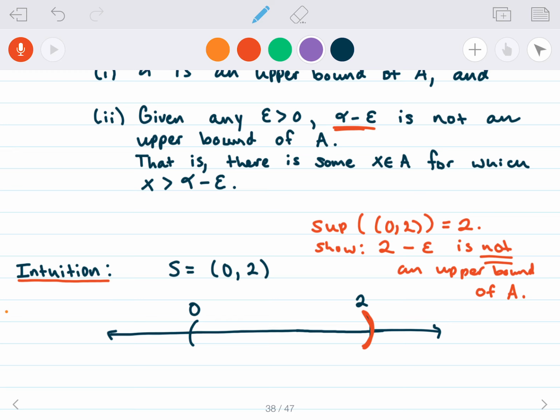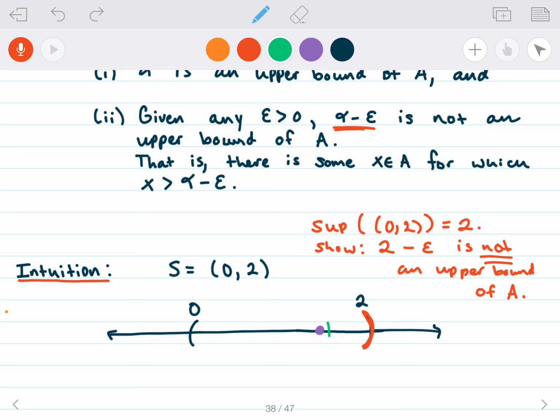And if we have, maybe epsilon is, I don't know, a half or something, and you're right here. Okay, 2 minus epsilon. That's not an upper bound of A. Why? Because you have things larger than that in the set. Okay, so it's not an upper bound.